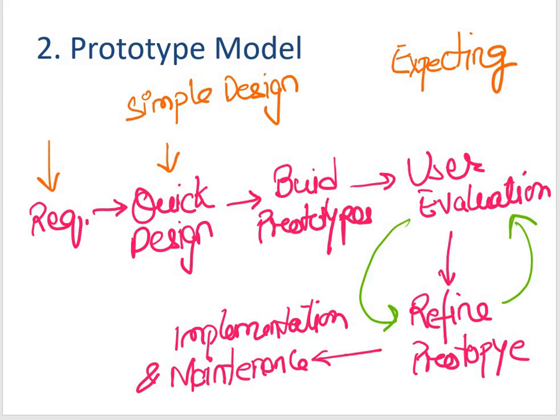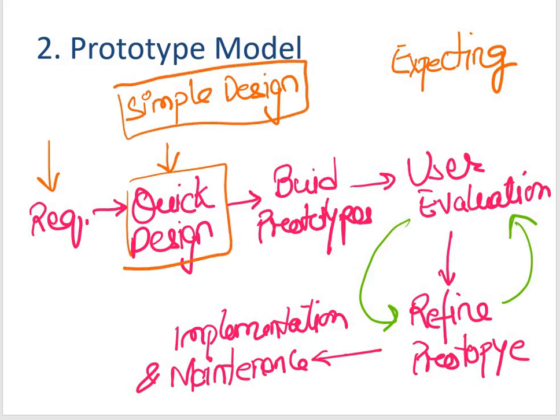This particular design will not be considered a complete design. It is simply giving me some basic idea of the system, which will help the end user to analyze, and it will also help the designers to come up with the prototype.